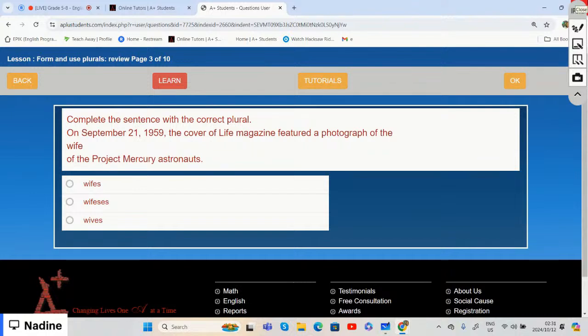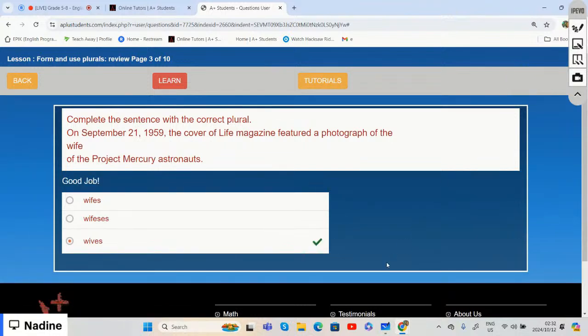More than one wife. Yes, to show the plural form of wife, it is wives. If the sound changes, then we drop the FE and add VES for wives. So well done.